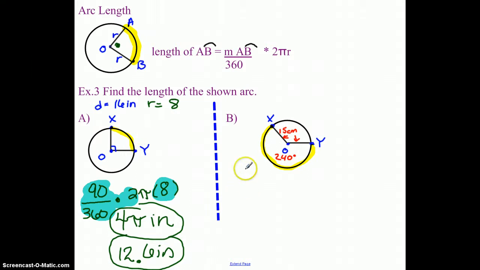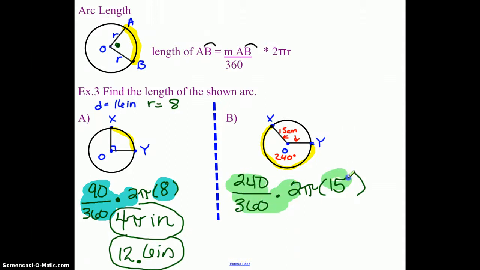Okay, let's see if we can fit this one more in here. So on this one, I'm going to set it up the same way. So 360 times 2 times pi. Now in this one, I can tell that my radius is 15 and my angle for this arc is 240. So again, my problem is do everything that's here except for that pi.